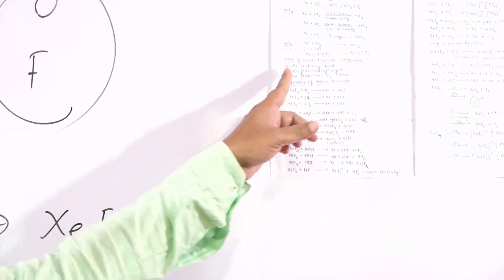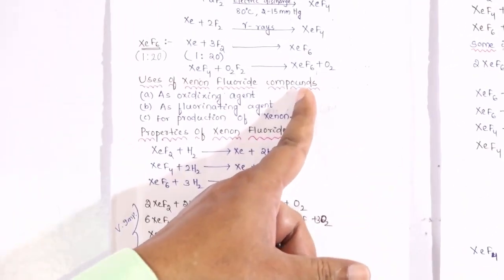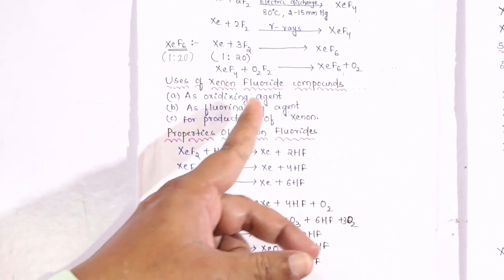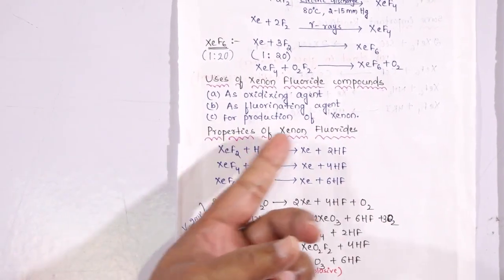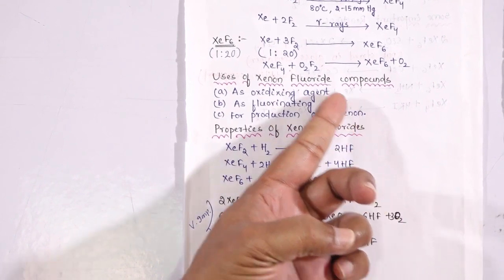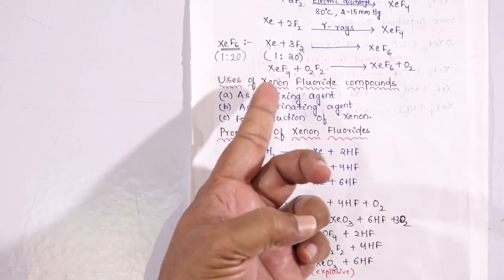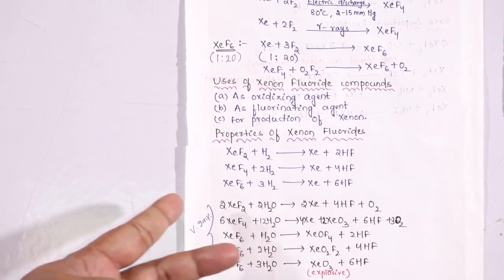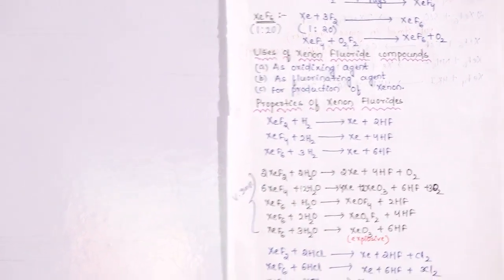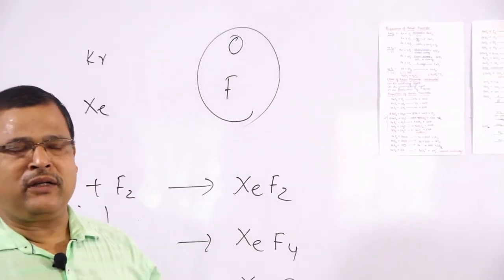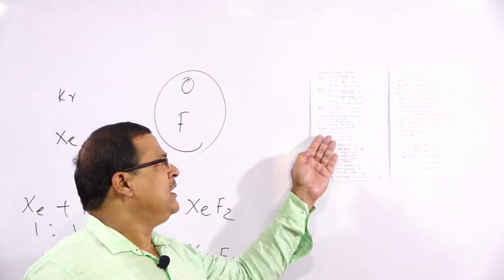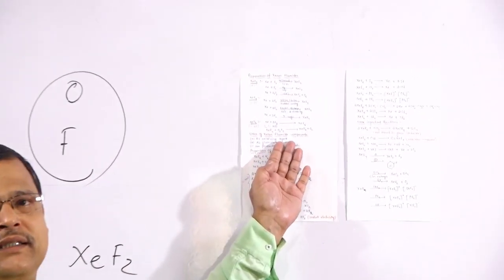So these are the uses: as oxidizing agent, as fluorinating agent, and for the production of xenon. Based on these uses, we can define the different properties: how they act as oxidizing agents, how they help in the production of xenon, and how they act as fluorinating agents.